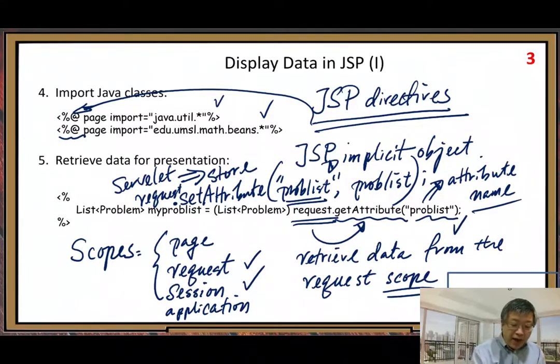The format of the data is a list of Java beans. Here you just need to know it is a list of Java beans.